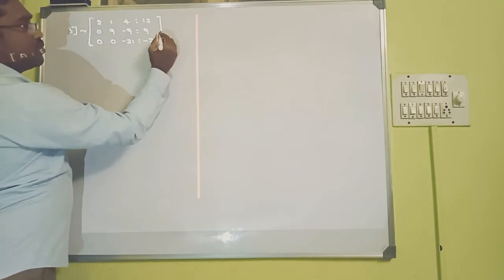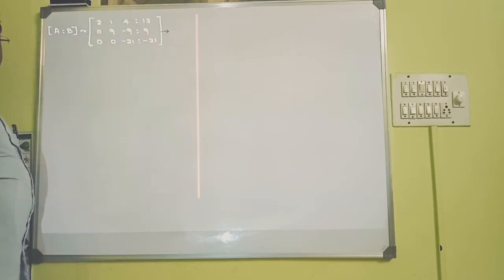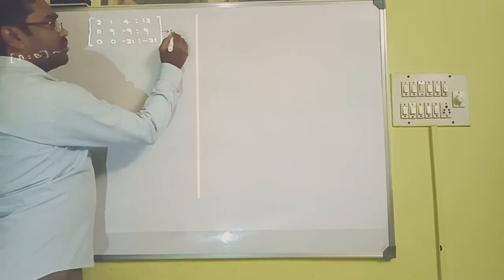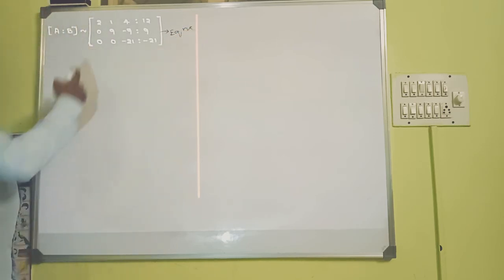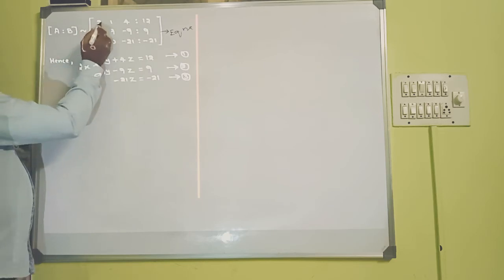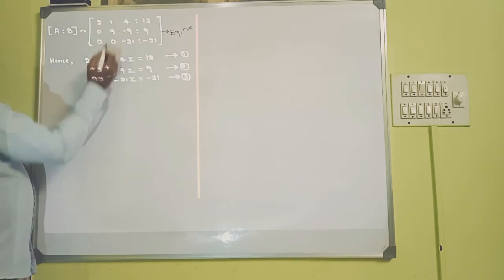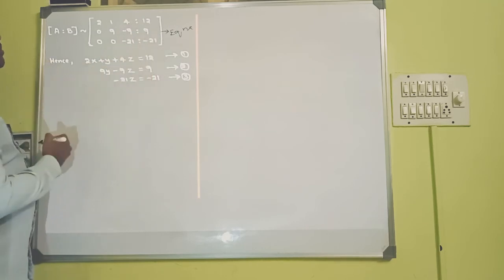Now our aim is to write this matrix in terms of equations. Let us write down the first row as first equation. 2x plus 1y plus 4z is equal to 12.